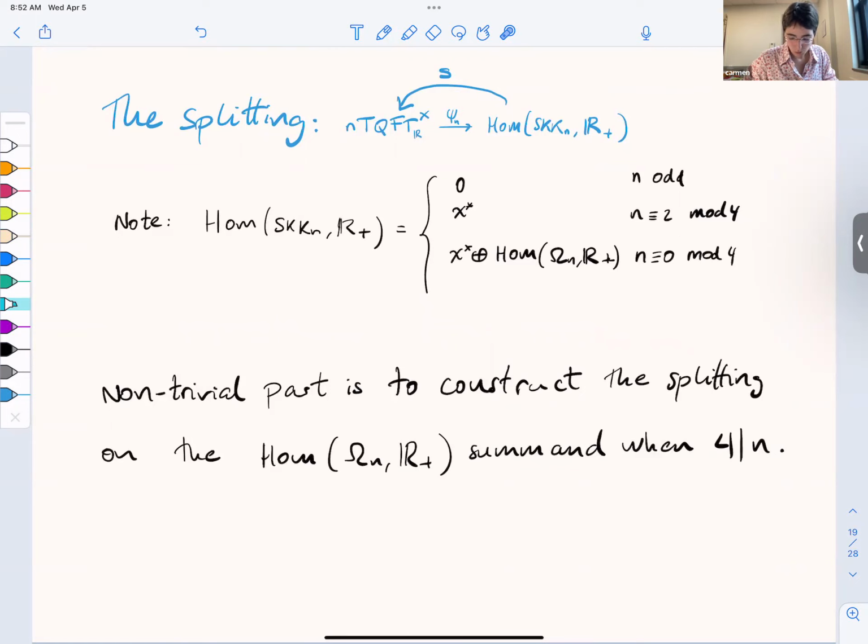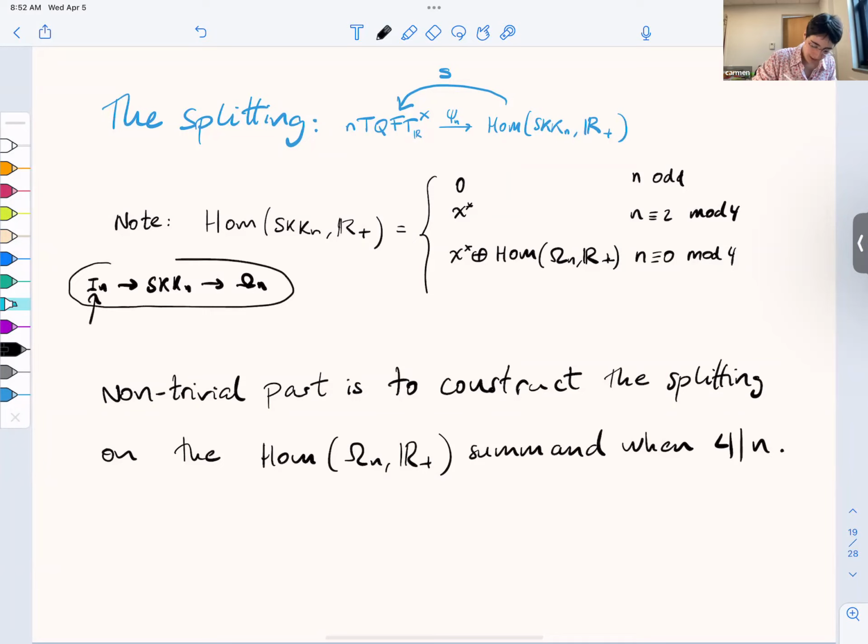Okay, so let me recall that we had a short exact sequence that involves SKK and cobordism. We actually saw an example of this before. So we had this short exact sequence, and we know what that kernel is. We also know what that kernel is with real coefficients. So this short exact sequence, the one that's in the bubble right now, also splits.